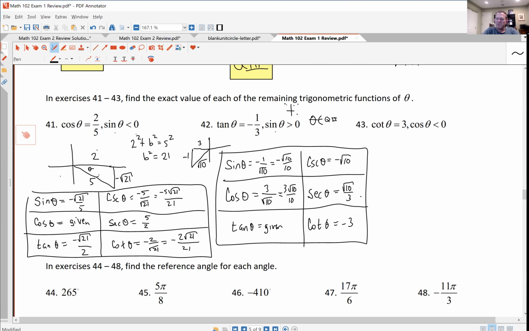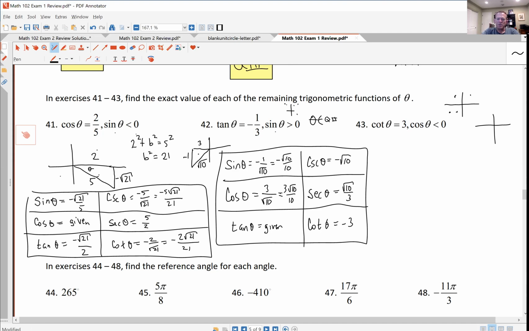Last one, cotangent theta equals 3, and the cosine is negative. All right, cotangent's positive in quadrants 1 and 3. Cosine is negative in quadrants 2 and 3. This puts us in quadrant 3 again. Oh, look back on 42, and I made one of the most common errors that students make.